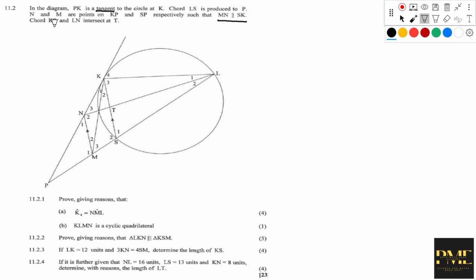Chords KS and LN intersect at T. So basically the chords intersect at T. Okay, right, cool. So the first thing that I like to do, guys, before I look at the questions, is start filling in the diagram with as much information as I can.